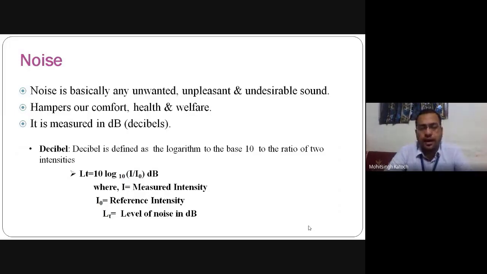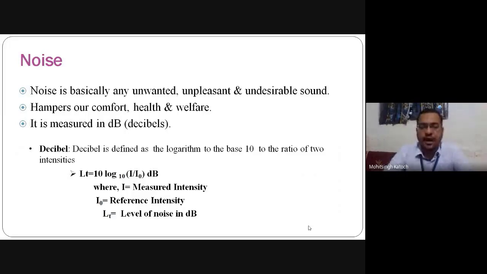In this formula, capital I is the measured intensity, I0 is the reference intensity, and L_T is the level of noise in decibels. So, if we want to measure noise pollution in a particular area, we will use certain noise meters. We will get an intensity using those meters. It will be written in place of capital I in this formula.